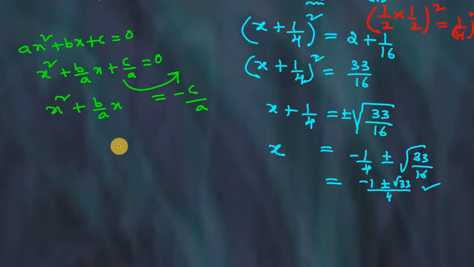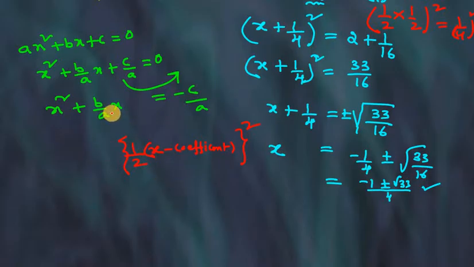You have to take half of the x coefficient, half of the x coefficient whole square. This you have to keep in mind.